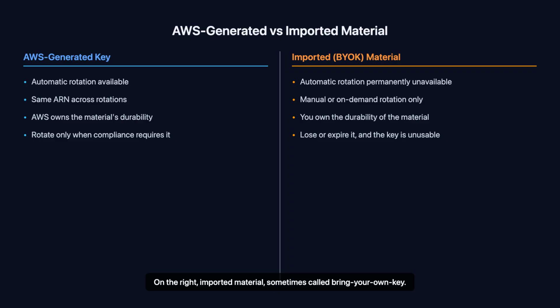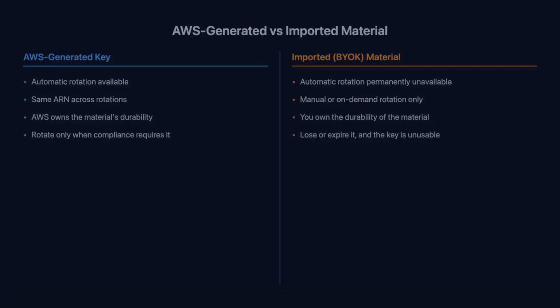On the right, imported material, sometimes called bring your own key. Automatic rotation is permanently off the table because Amazon Web Services doesn't control that material. You can only rotate it manually or on demand, and you own its durability entirely. If your imported material expires or gets deleted, the key becomes unusable, and there's no getting it back.